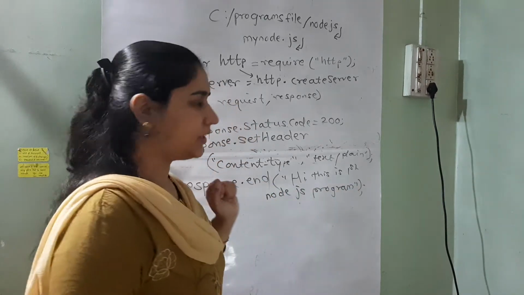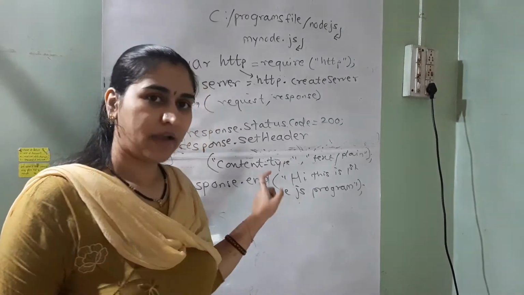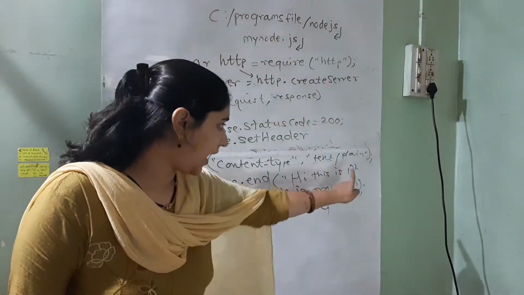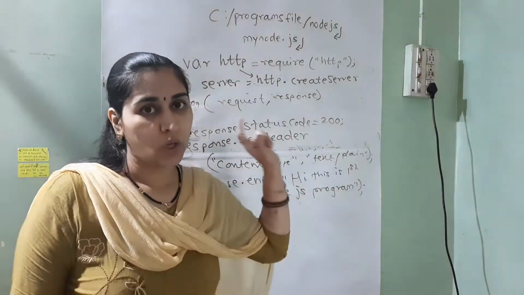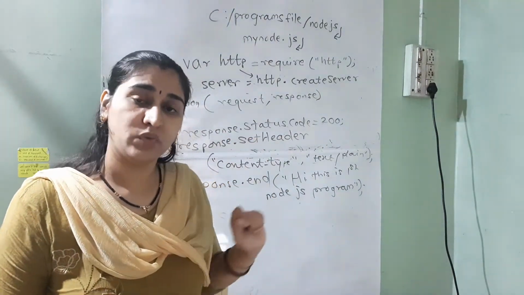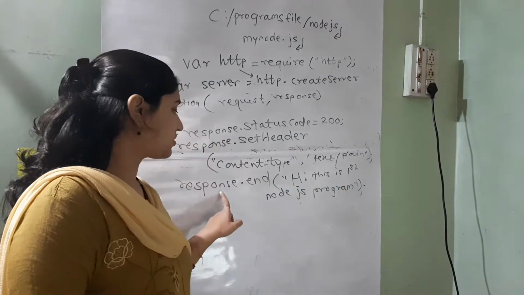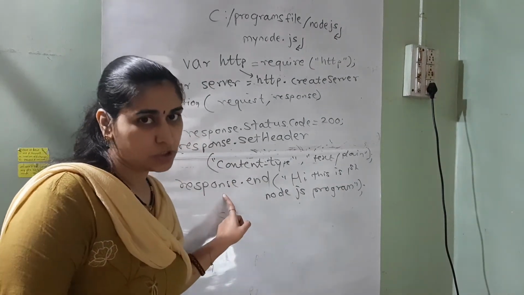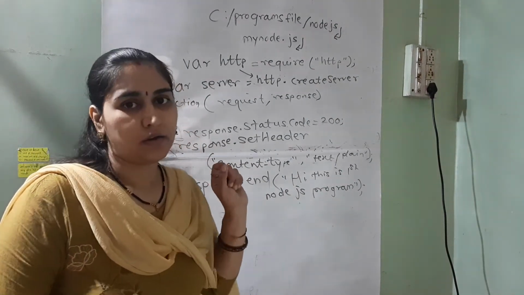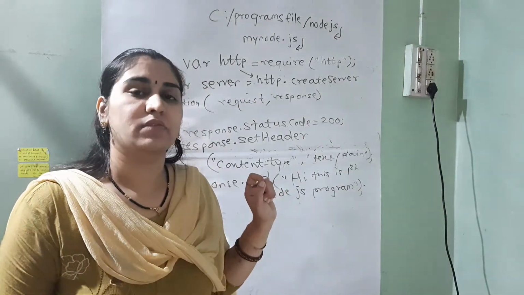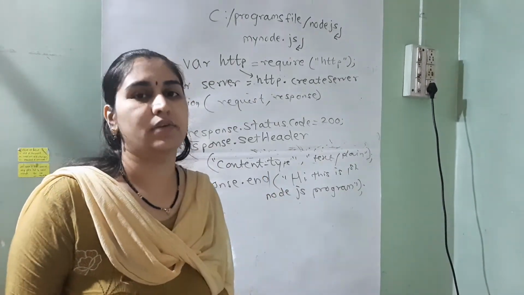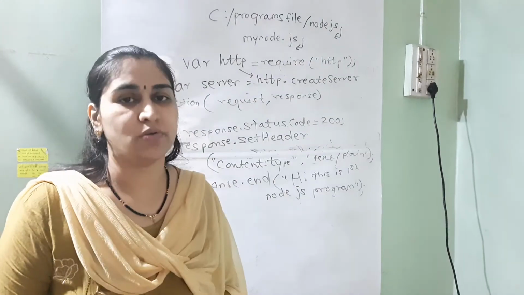Now it will display, while ending, hi, this is first Node program on your browser. Who will display that? The server will display it, because I set these parameters on the response object, which is given by the server or generated by the server itself, not by the browser.